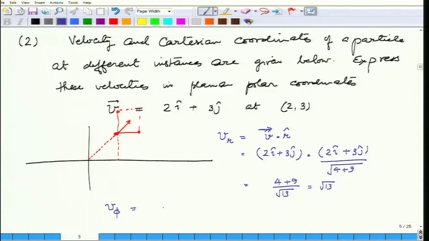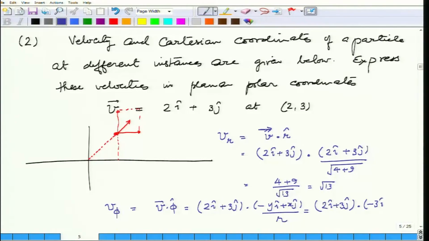The tangential component is going to be V dot phi unit vector, which is 2i plus 3j dotted with the phi unit vector, which is minus yi plus xj divided by r. Here I can write this as 2i plus 3j dotted with minus 3i plus 2j divided by r, which is the square root of 13. You can already see that this dot product is 0, and therefore V phi comes out to be 0.